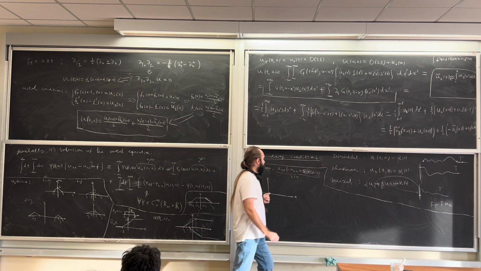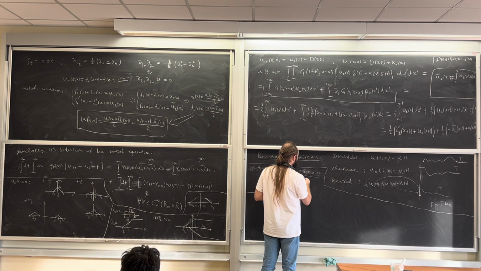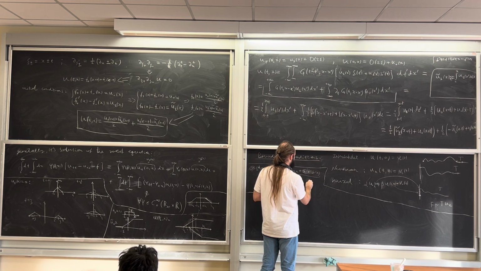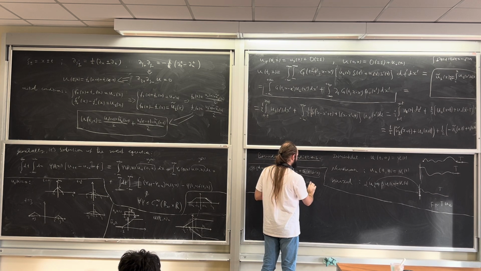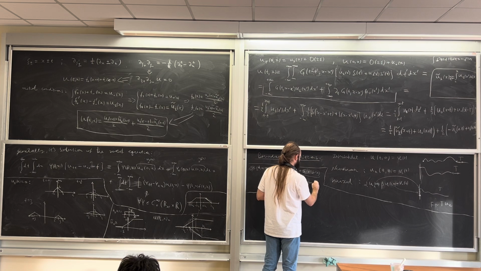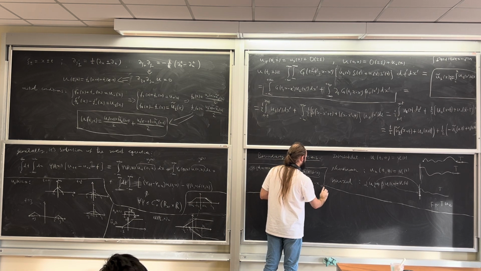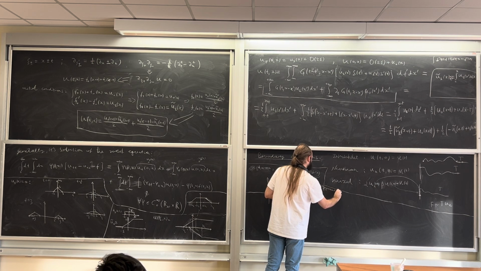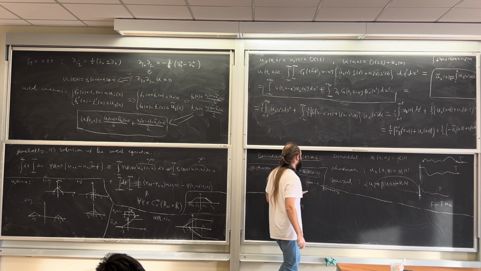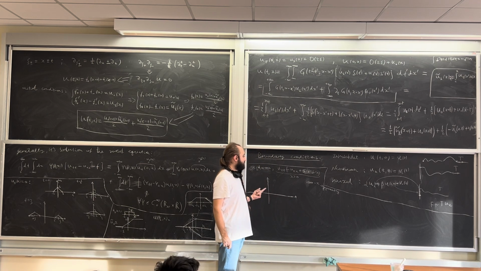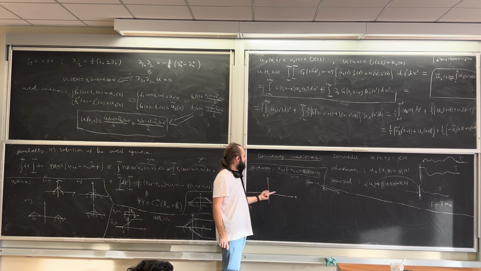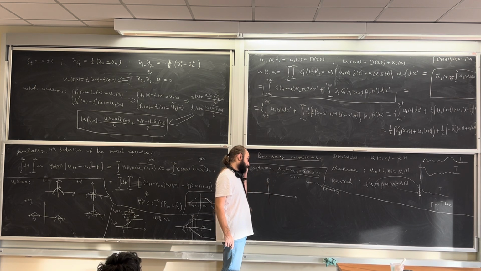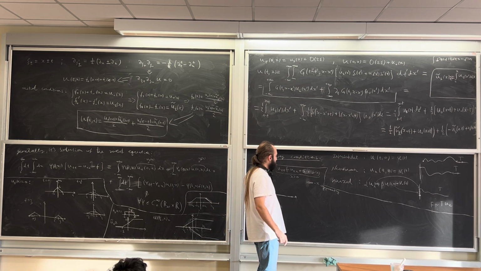It is symmetric under x to minus x, so we can impose a symmetry or anti-symmetry condition on our function u.